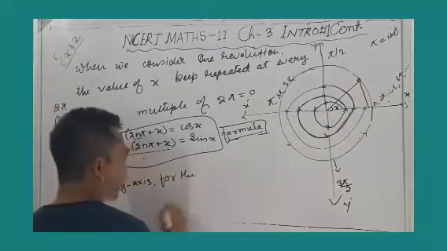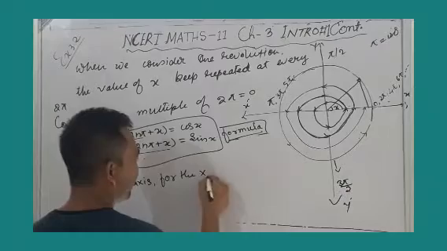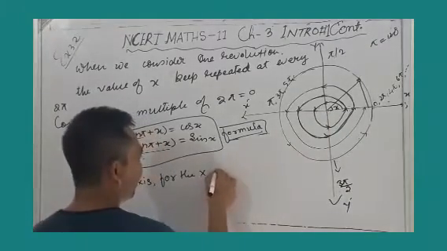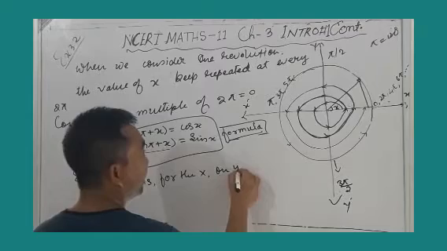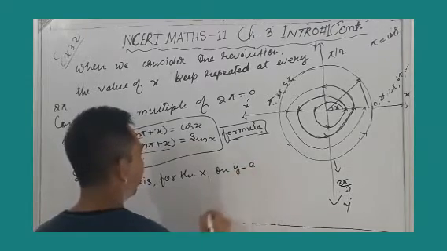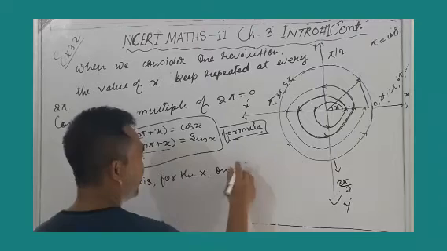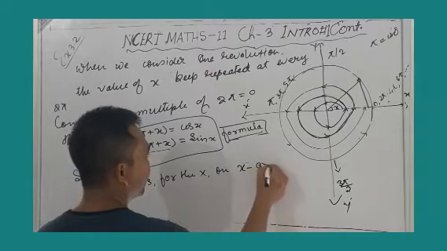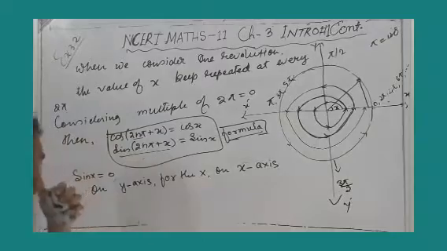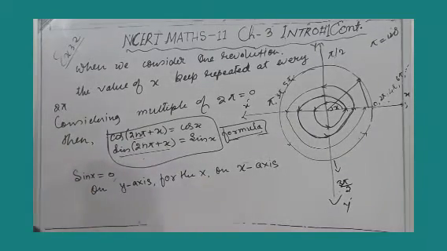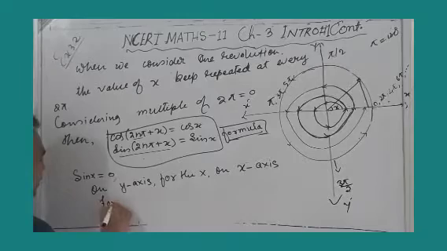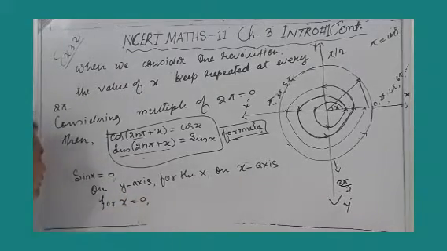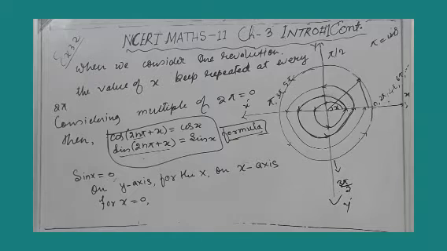So for the angle x, where is it? On the x axis. For x equal to 0, what will it be? How much will it be?